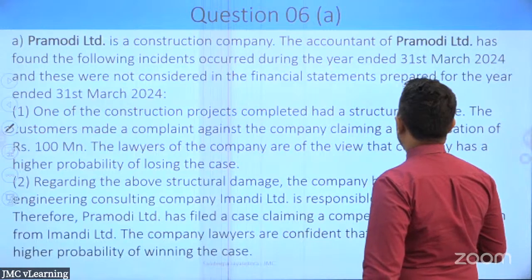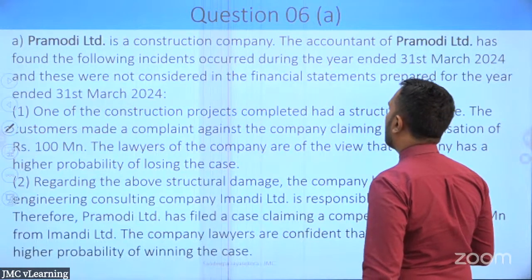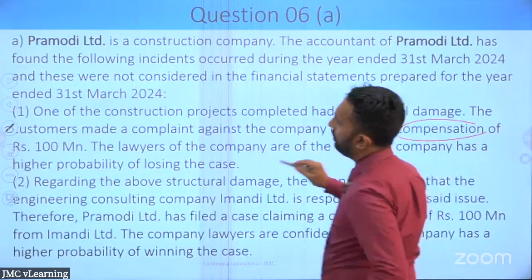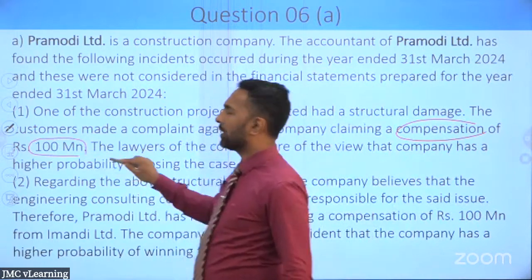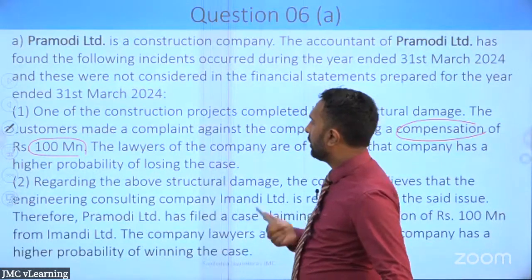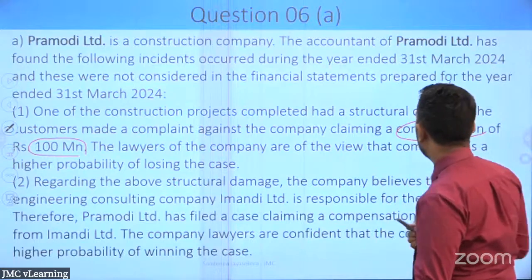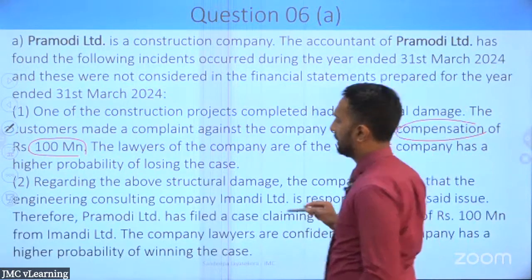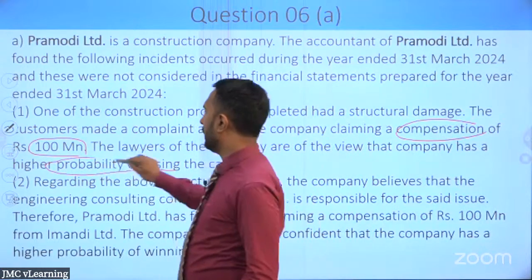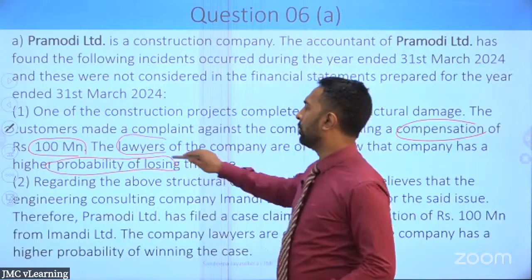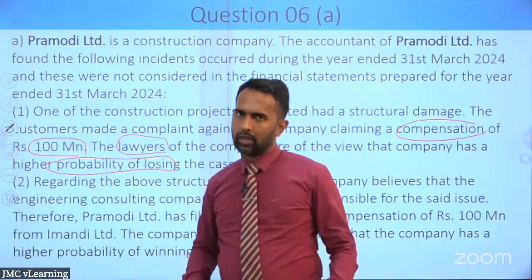The customer made a complaint against the company claiming a compensation of rupees 100 million. The lawyers of the company are of the view that the company has a higher probability of losing the case.